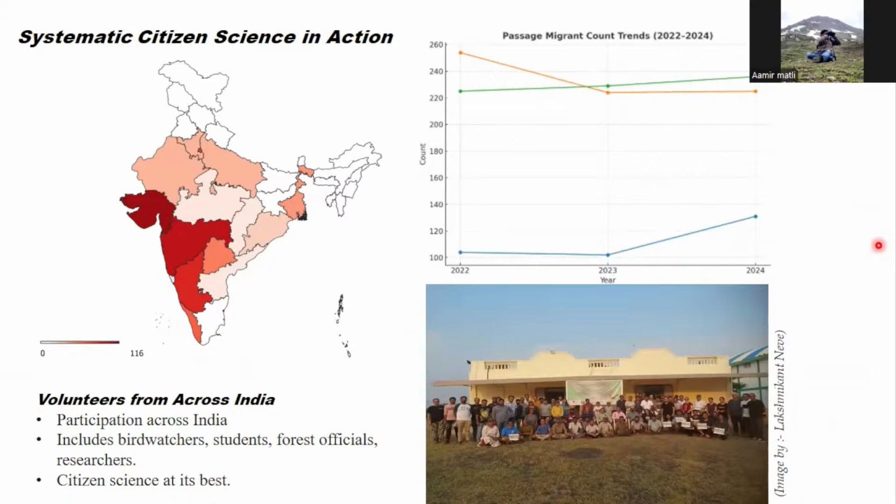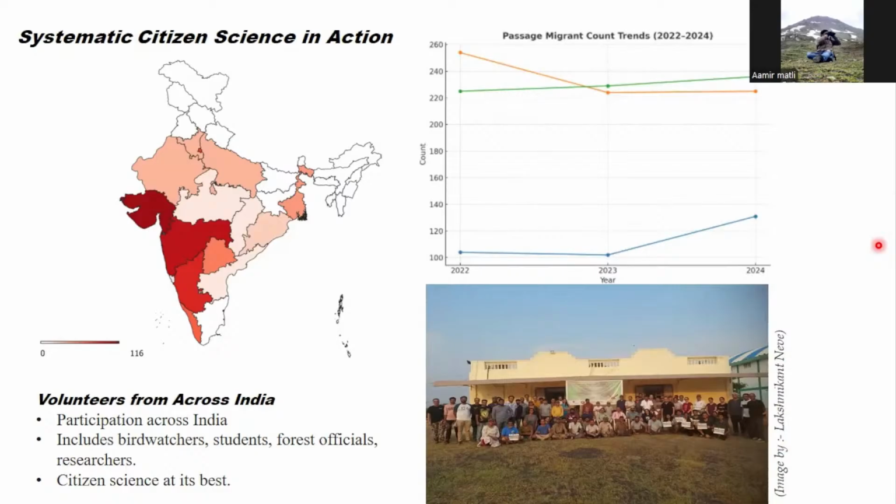From the very beginning, we wanted this to be more than just a survey. We wanted it to be a citizen science movement. And the response has been overwhelming. Birders, students, researchers, photographers, and even forest officials from across India have joined us. People traveled from many states to be a part of this survey. This diversity of participation has been our strength.